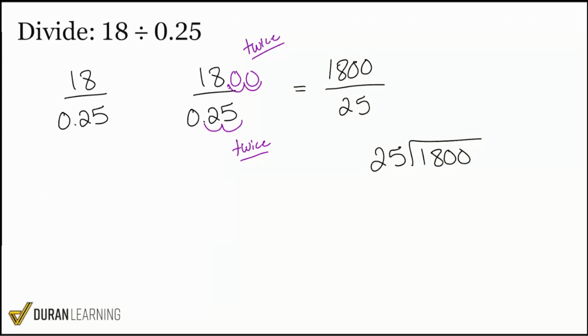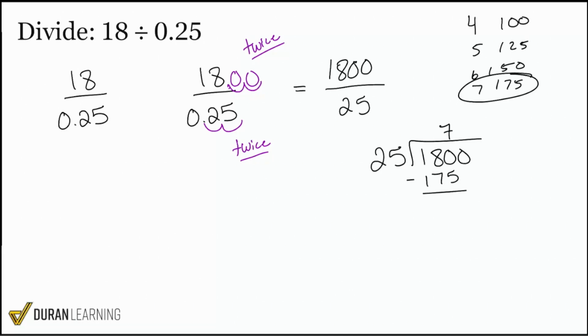So we'll go ahead and calculate that. 25 goes into 180 how many times, my friends? When we think about it, 4 times is 100, 5 is 125, 6 is 150, 7 is 175. So yeah, we would definitely use 7. And so we'll subtract 175, giving us a remainder right there of 5.